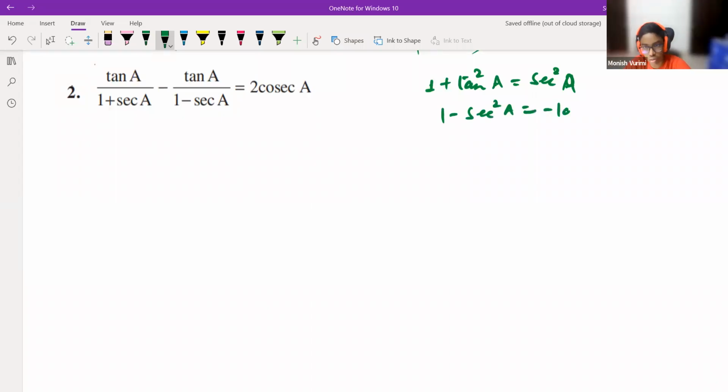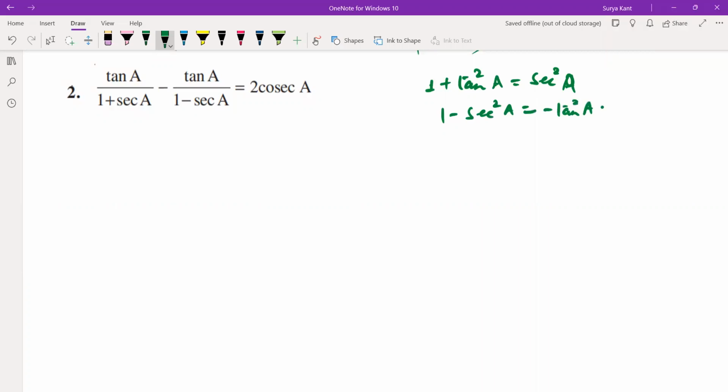Minus tan square A, right? So here if you take from the LHS part, one method is to convert into sine and cos form directly. And the second method we are doing directly over here, 1 minus sec square A, we are taking here what? LCM.